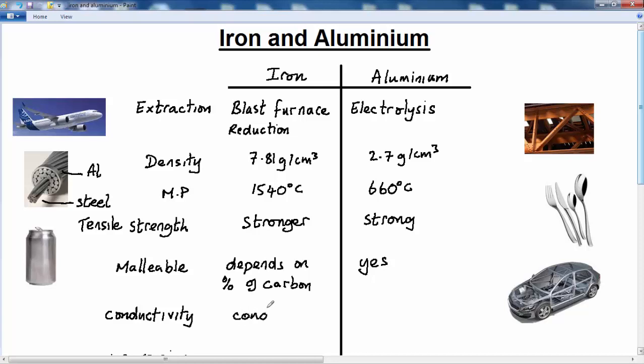It conducts, but the conductivity of aluminium is about 3 times better than iron, and the conductivity of iron actually decreases as you increase the amount of carbon mixed with the iron. So steel alloys of iron will be poorer conductors of electricity than iron. Aluminium's a good conductor, has low density, and is really good for transmission lines.